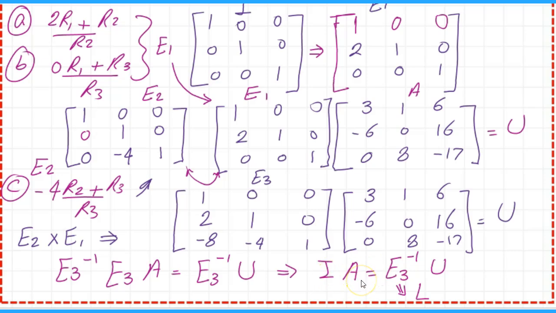Since I by A equals A, then this is supposed to be L by U. So we will find out that the inverse of matrix E3 is exactly the lower matrix. We'll move to the next slide.